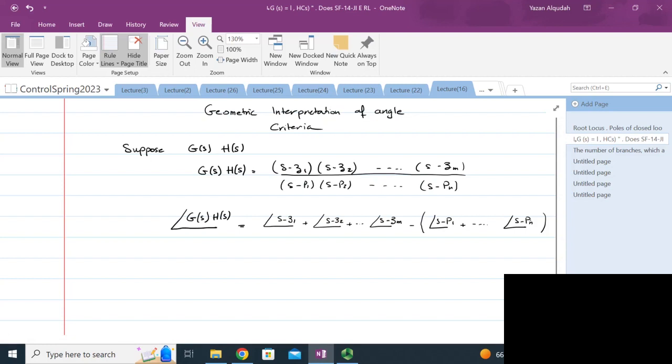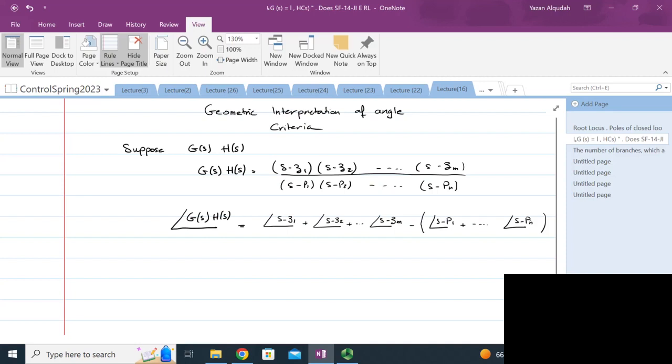And similarly, if I want to calculate the magnitude of G(s)H(s), what is it going to equal? The magnitude of this term multiplied by the magnitude of this term, divided by the magnitudes of these multiplied together. Nothing new, straightforward.